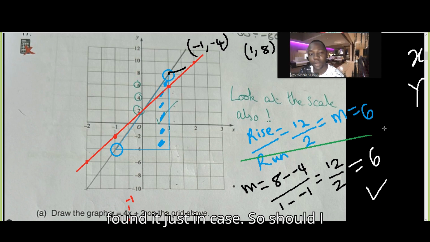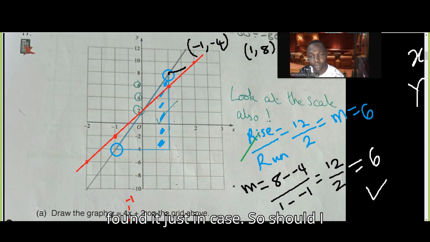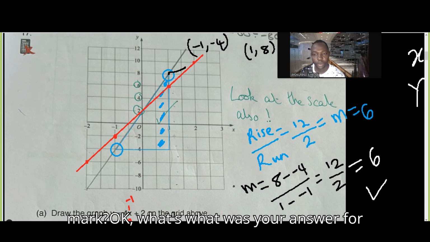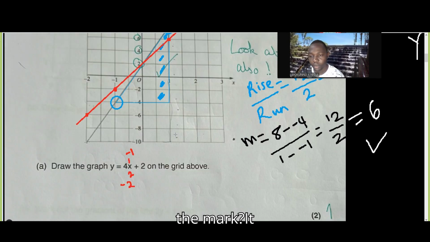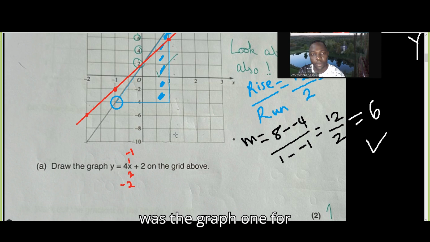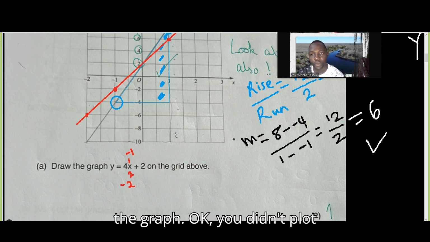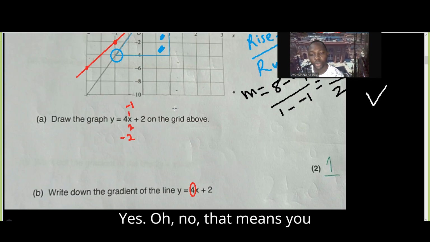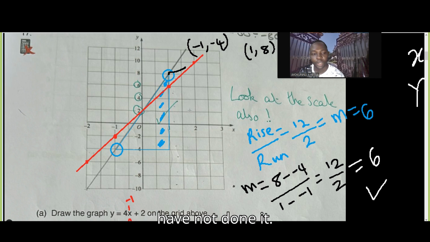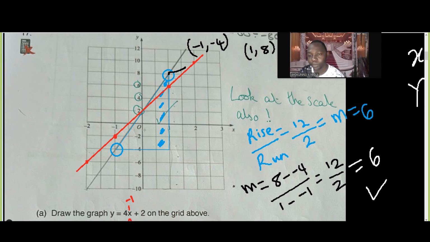Yes. I just found it just in case. So should I keep the mark or should I take off the mark? Okay, what was your answer for the mark? It was the graph one. For the graph. Okay, you didn't plot the other line, right? Yes. No, that means you have not done it.